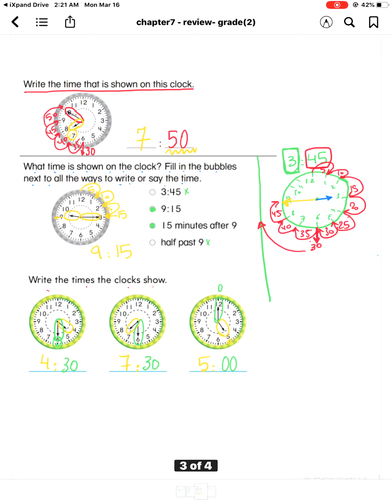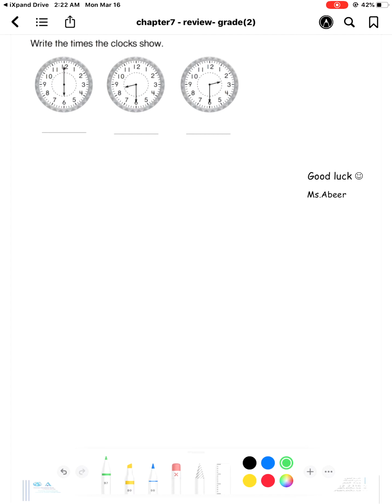Now let's move to the next question. Now it also says write the times that clocks show. As I explained in the last clock, when the minutes hand is at 12, it's 0 minutes. And we have here the short hand, the hours hand is at 6, so it's 6 o'clock.